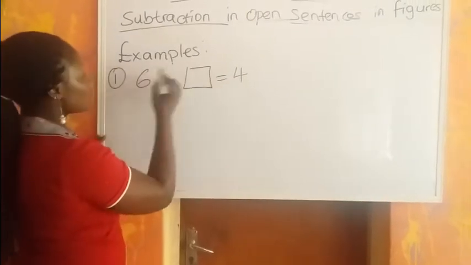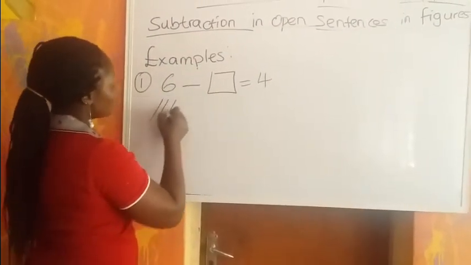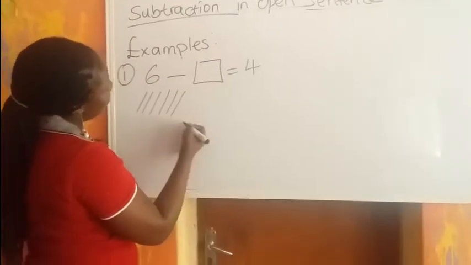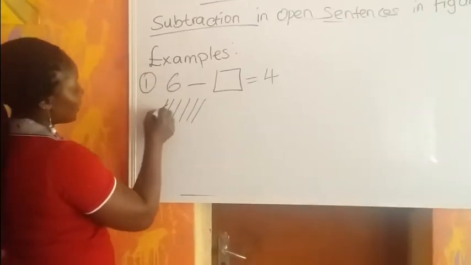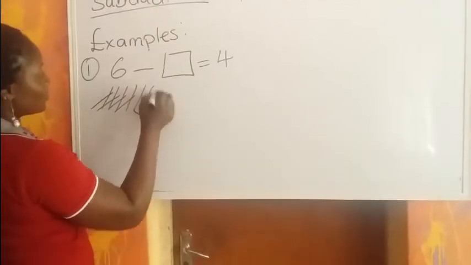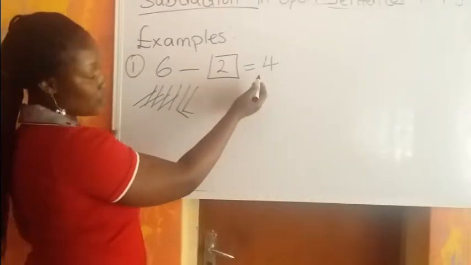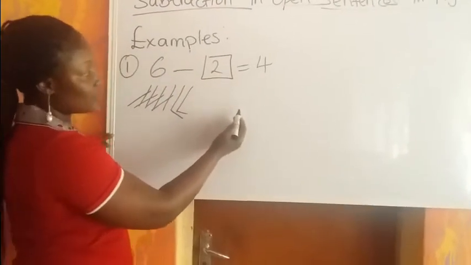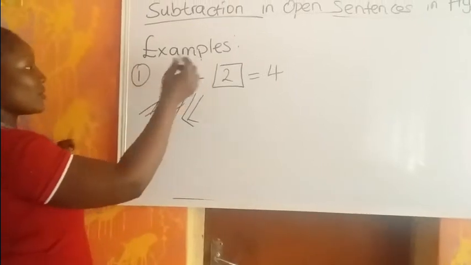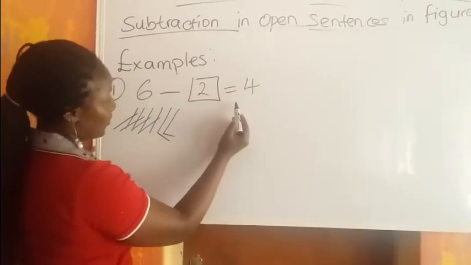So now you take away 4 from 6. 1, 2, 3, 4, 5, 6 minus 4. 1, 2, 3, 4. We have 1, 2 left. So 6 minus 2 is 4, because when you take away 4 from 6 is 2. 6 minus 2 is 4.